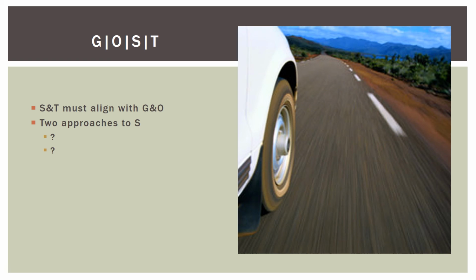So, final words about the ghost model of public relations. You need to make sure it's like aligning your wheels and your tires for your car to run smoothly. Strategy and tactics must align with the goals and objectives of the organization. There is no way to avoid that.